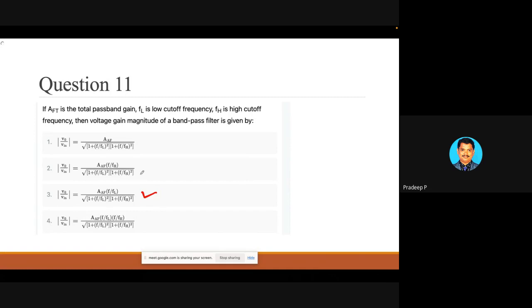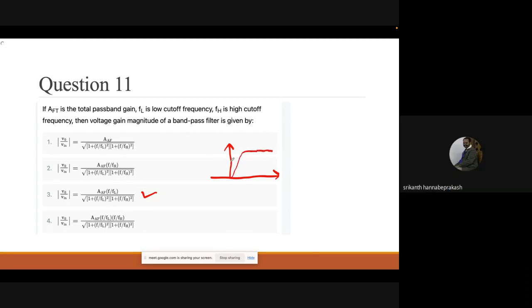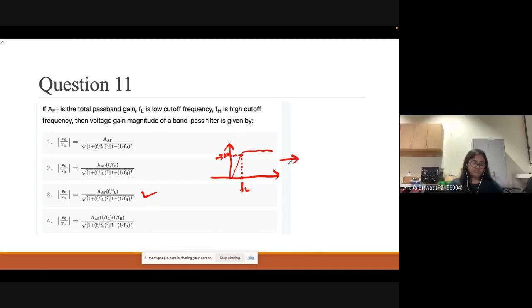Now I'm drawing some circuit. Tell me the filter type.